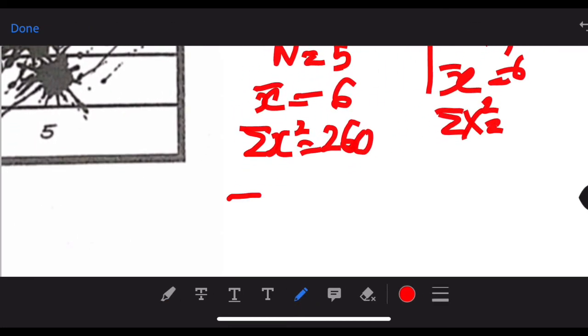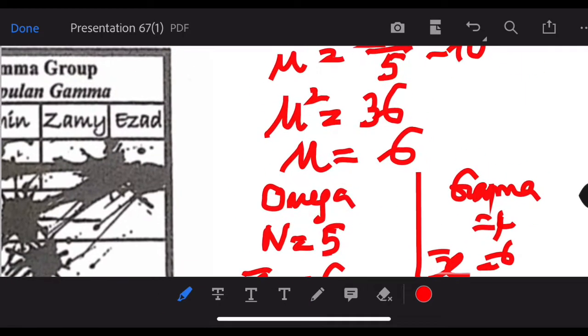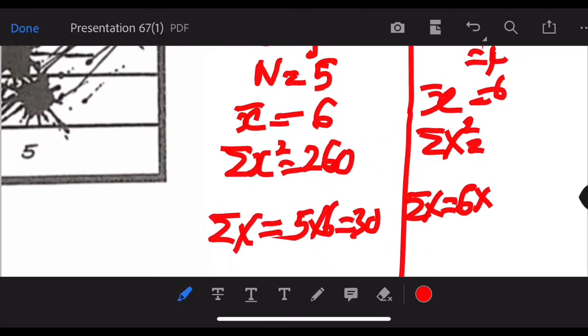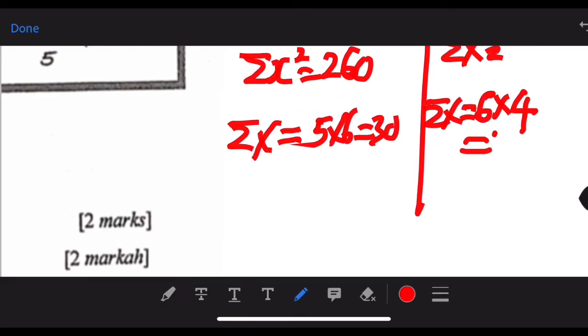For the omega group, we have 5 times 6, which is 30. For the gamma group, the sum of data is the mean 6 times the 4 data, which is 24.